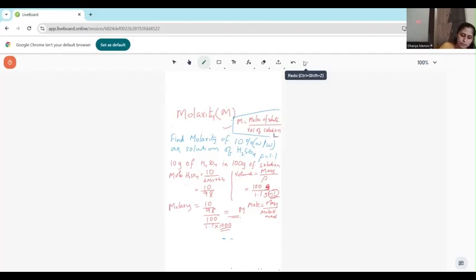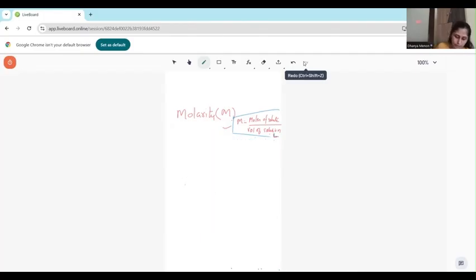Similarly, one more question. If I'm given 120 grams of urea. Urea is NH2CONH2. You will be learning more about this in grade 12 when you learn about organic substances.